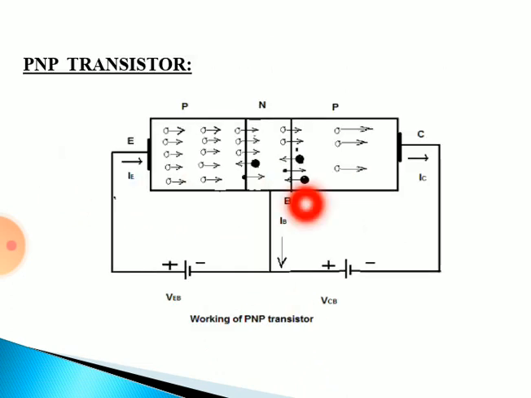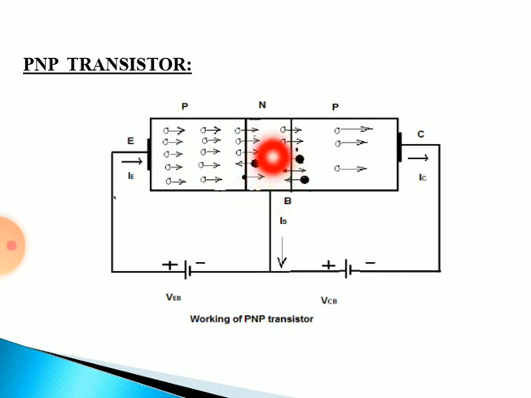Now when we speak about the PNP transistor, you can see that here the emitter is P, the base is N, and again P is the collector. Here your emitter base junction is forward biased and your collector base junction is reverse biased. Now this is positive and the majority carriers in the P type are holes. So holes and positive repel, and all the holes move towards the N region.